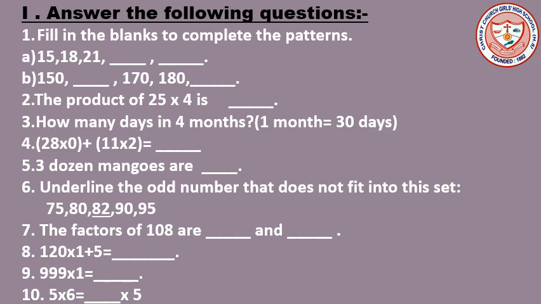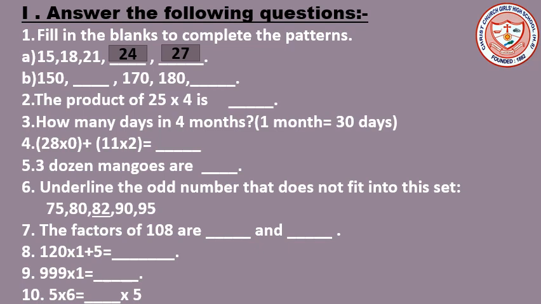Alright. So the first number is 15 given. Next number 18. Then comes 21. And after that, what will come, girls? Yes, it will be 24. And the next one will be 27. Okay?